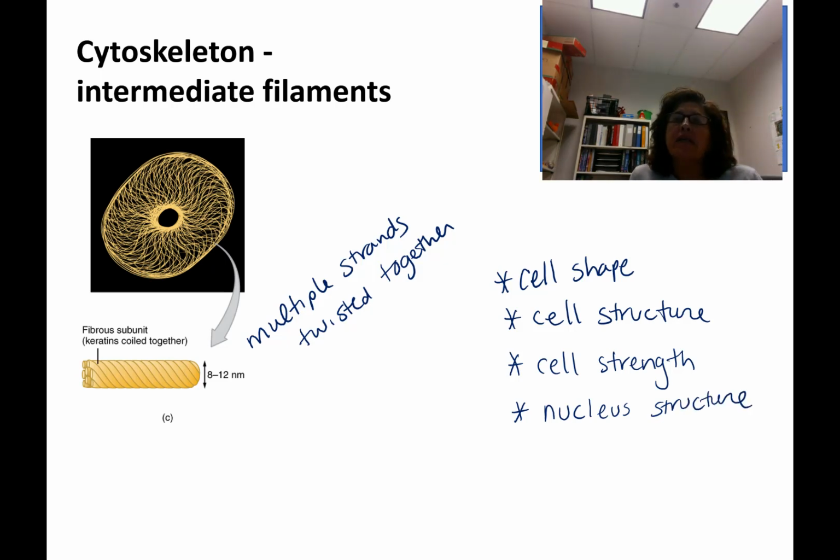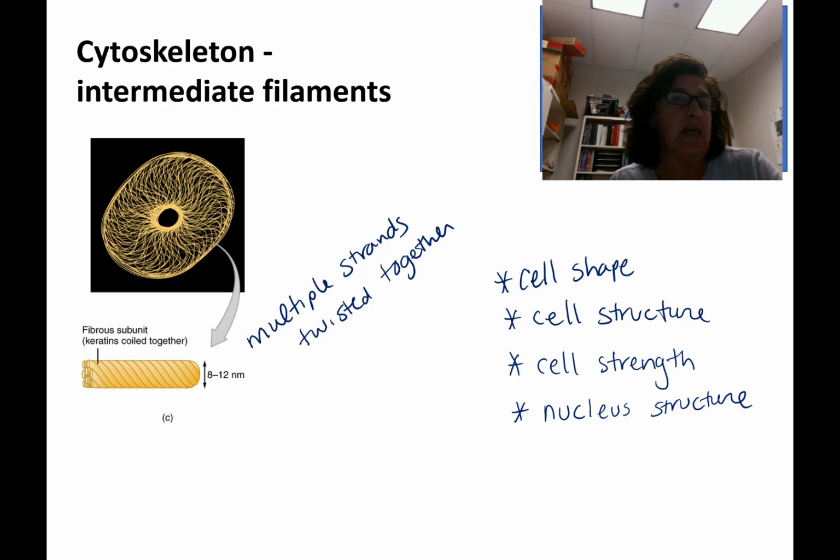And there are lots of different types of intermediate filaments, including what makes up your nails, things like keratin. But what's really fascinating is that there's different types of intermediate filaments in different cell types, so in different tissue types in your body.